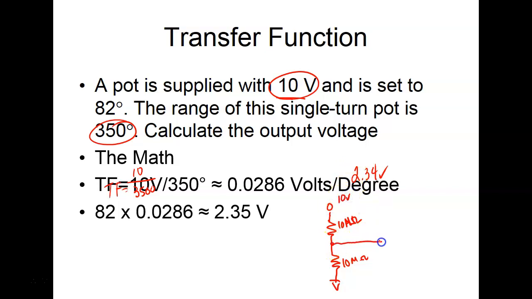What would you expect to measure right there? Yeah, 5 volts. But it's not going to measure 5 volts. Can anybody tell me why? It's going to measure less, guaranteed.